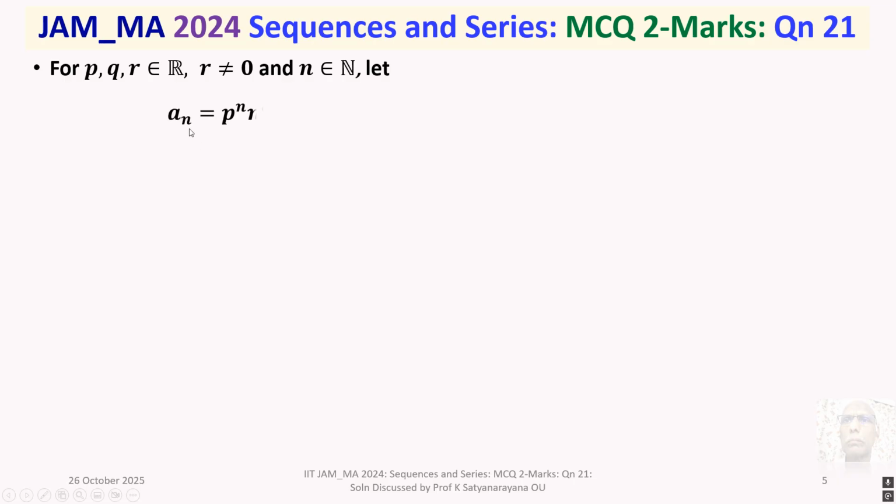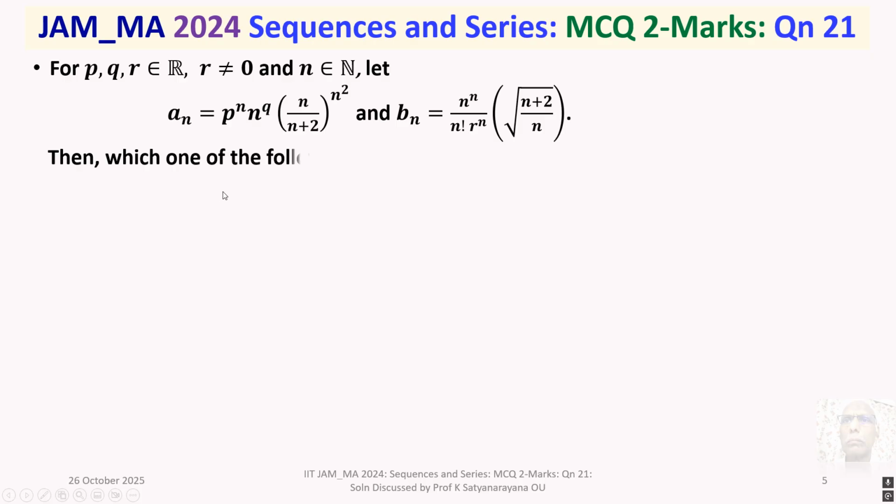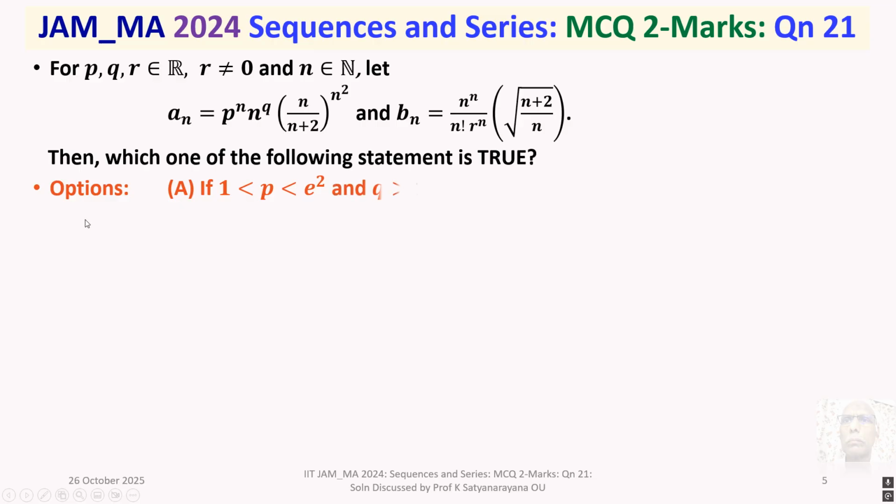Let a_n, the nth term, a_n be equal to p to the power n, times n to the power q, times (n by n plus 2) whole to the power of n square, and b_n is equal to n to the power n by n factorial into r to the power n in the denominator, multiplied by the square root of (n plus 2 by n). Then which one of the following statements is true? We are given 4 options.